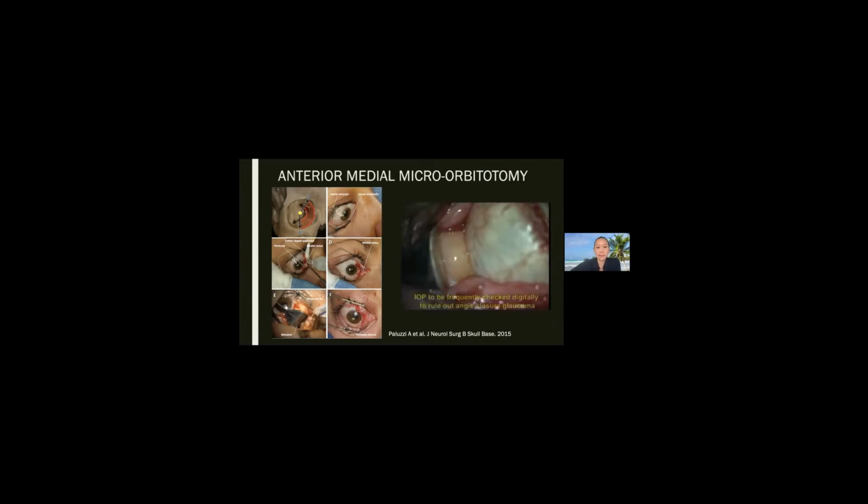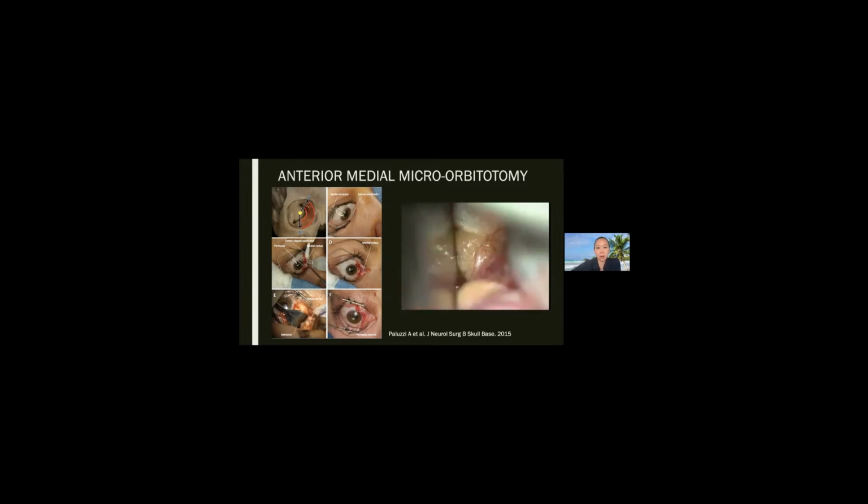And you'll see the short ciliary nerves around the optic nerve, and those will be lifted out of the way. And then there you see the optic nerve, and then it's just fenestrated with a blade, and typically a gush of CSF will come out for those patients who have pseudotumor. This is again another video from YouTube.